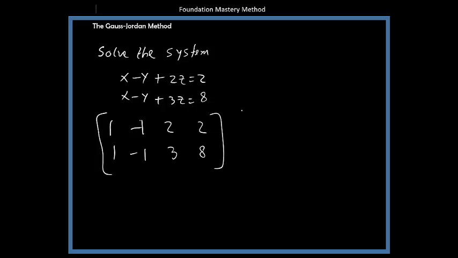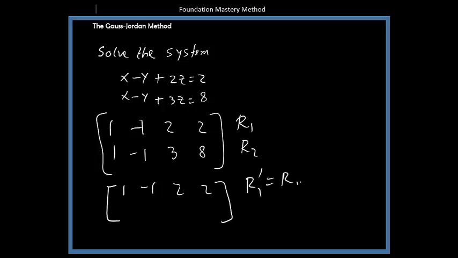Let me call this one my R1 row, and this one my R2. Since I want this element to equal 0, we preserve our first row, 1, negative 1, 2, 2. That means my R1 prime is R1. Now my R2 becomes R2 minus R1, that is R2 prime.